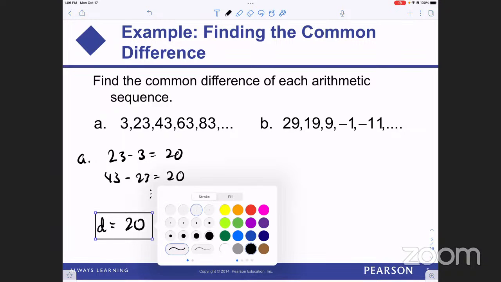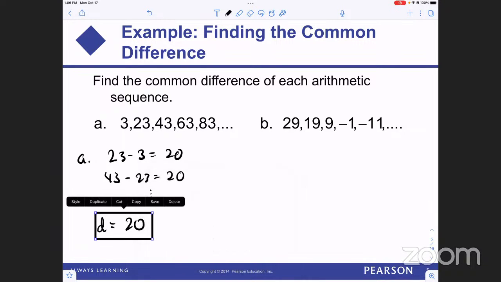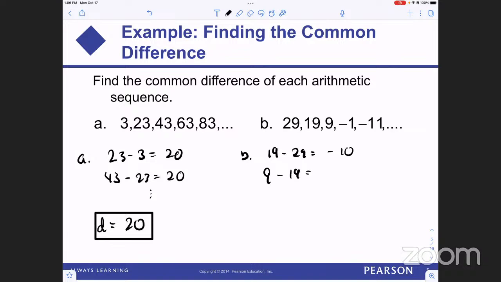And then for part B, 19 minus 29 is negative 10. 9 minus 19 is still negative 10.